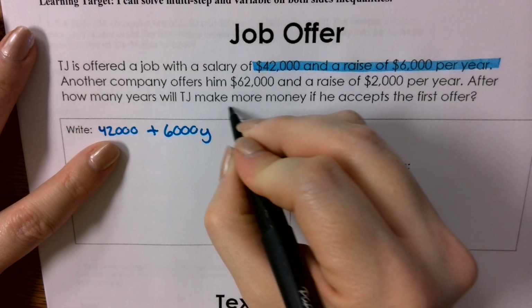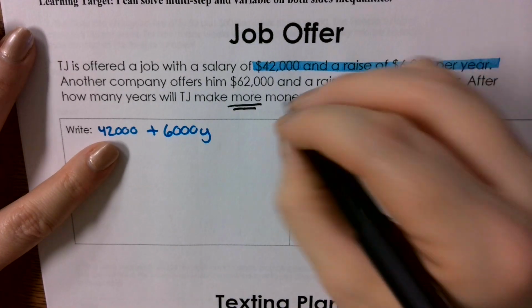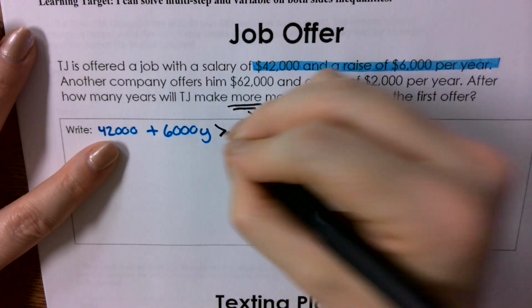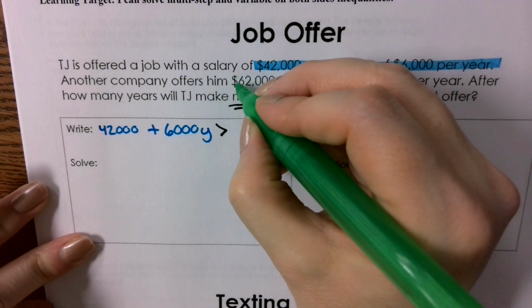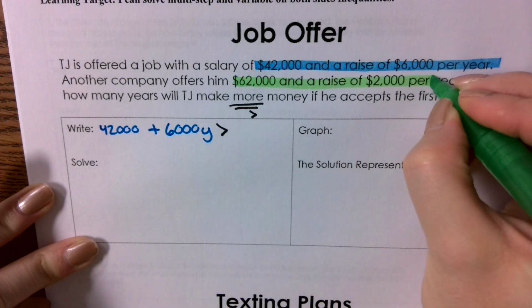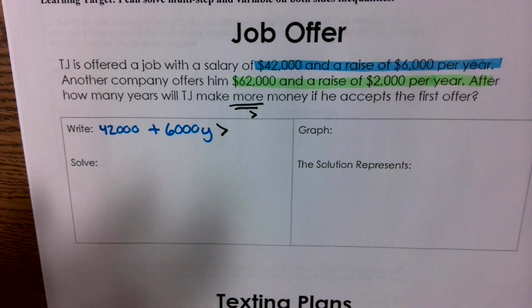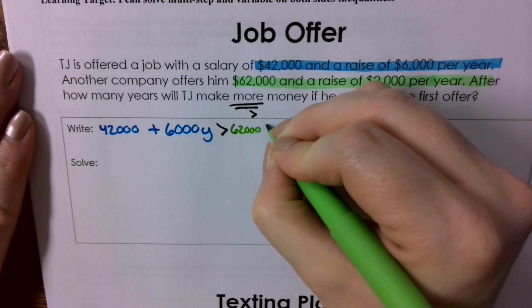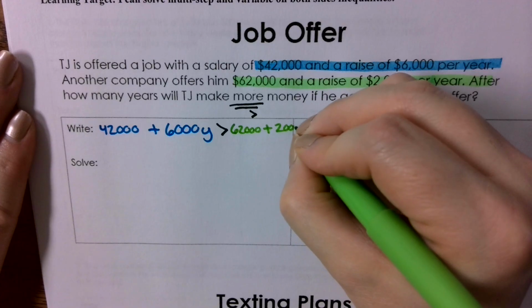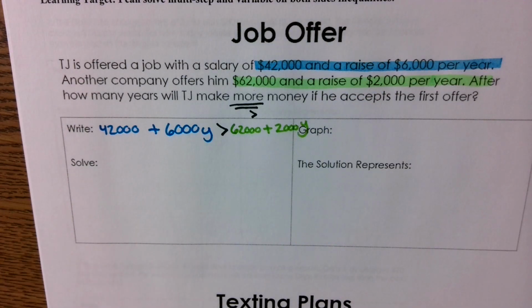Is he going to make more money? Remember, more means greater than. So we're going to put a greater than symbol, and then we're going to compare it to the second offer. The second offer is going to be $62,000 starting. And then you get another $2,000 every single year.